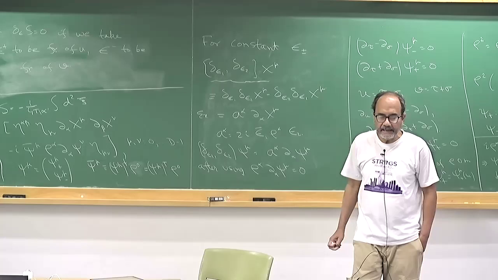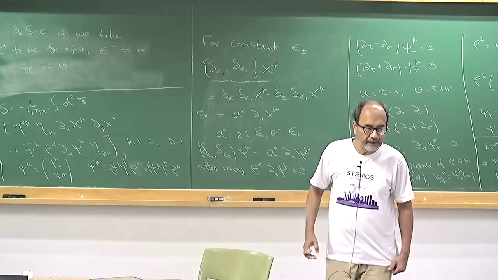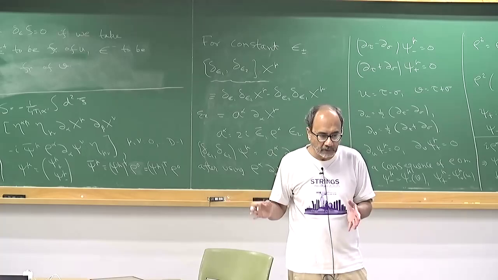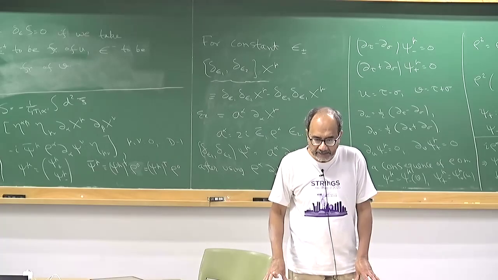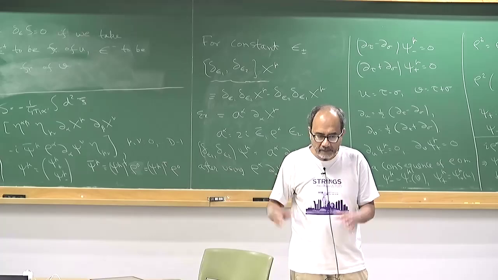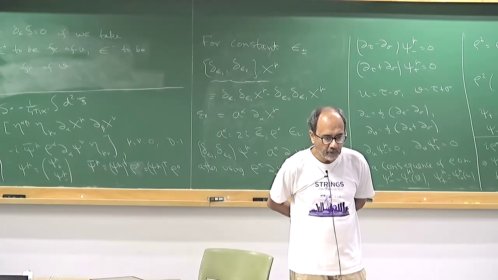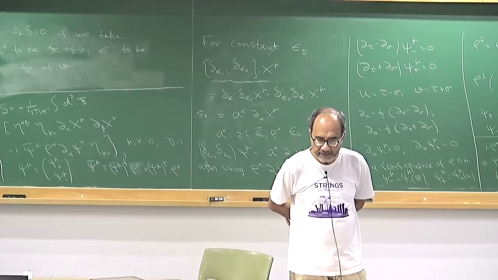This happens to be true if psi satisfies its equation of motion. So we say that the algebra in this case closes on shell. The supersymmetry algebra is that the commutator of two supersymmetry transformations is a translation, but in this formulation it closes only on shell, when the psi equation is satisfied.